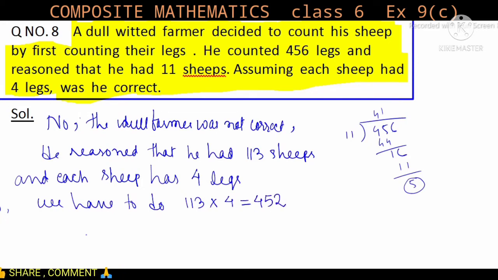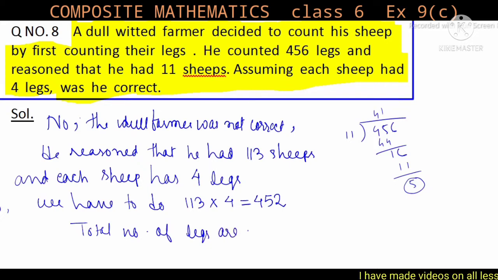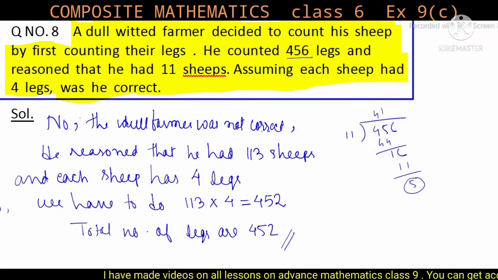So the total number of legs will be 452. So what did he assume? He assumed that there are 456 legs. So his assumption was incorrect. Okay, so the question asked was, was he correct? So the answer is no, the dull farmer was not correct.